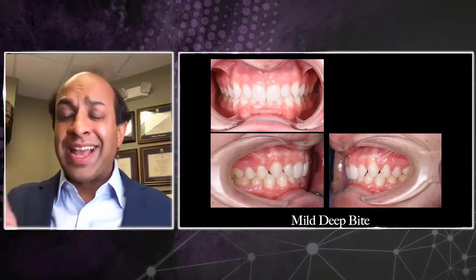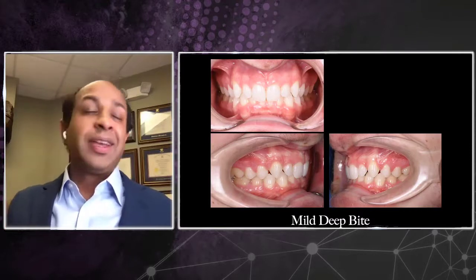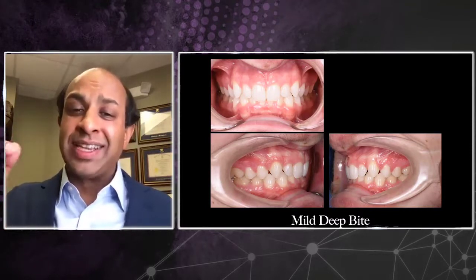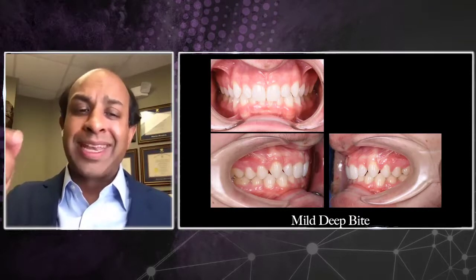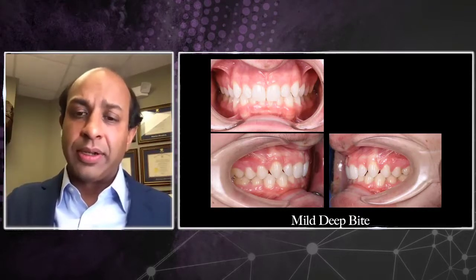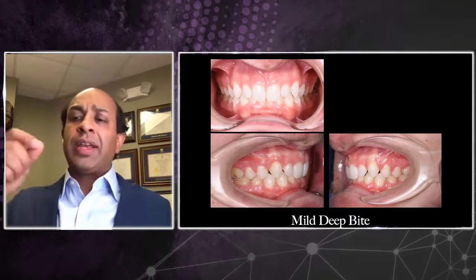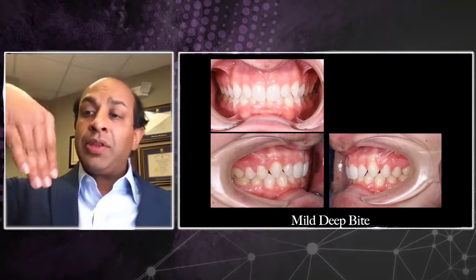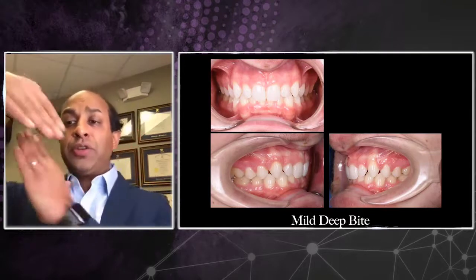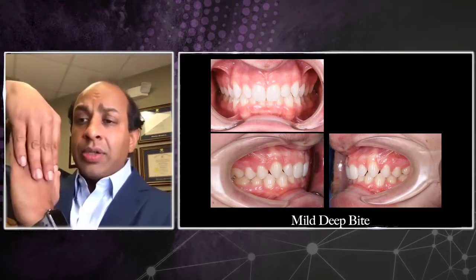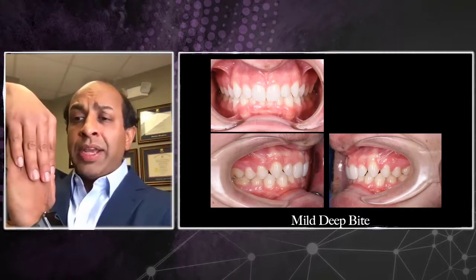when in fact this mild deep bite case comes back very simply to what we looked at in Andrew's 6 keys to occlusion. If you remember key number 3, the torque of the anterior teeth, you recognize and remember that those teeth need to be positively inclined. If you take a look at Caleb's case, those teeth are certainly not in a positive torque inclination.